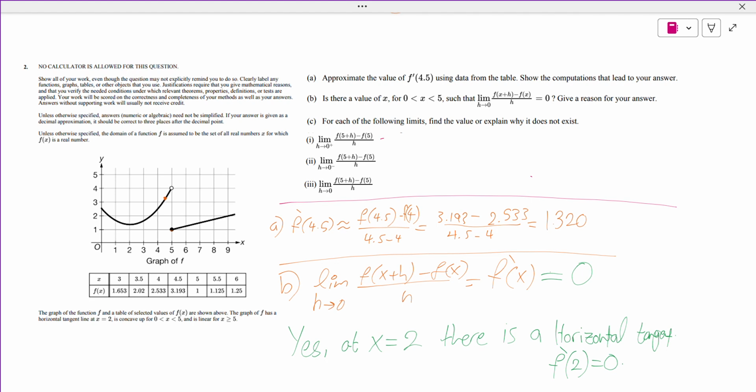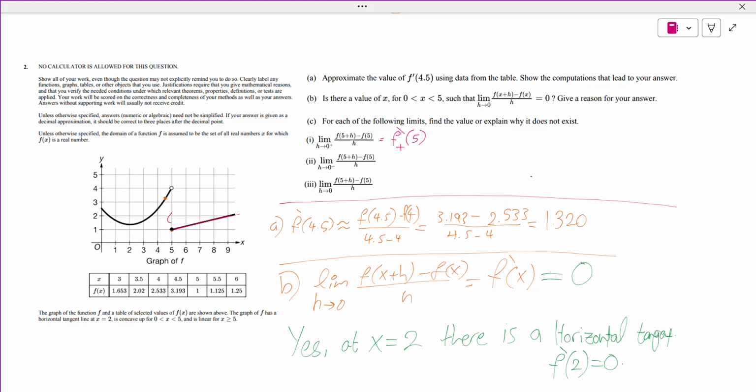Well, this is the same as f prime of 5, but from the right side. So we're looking for the slope of this segment.